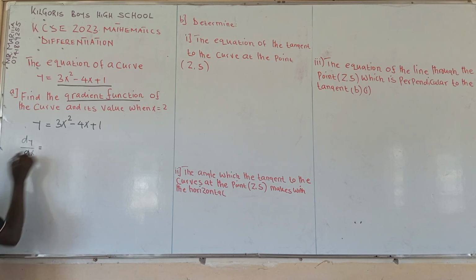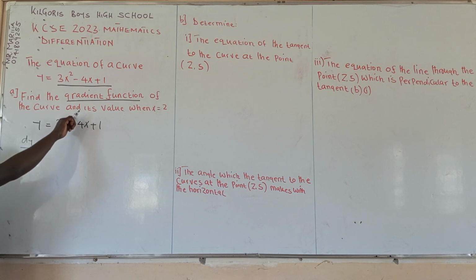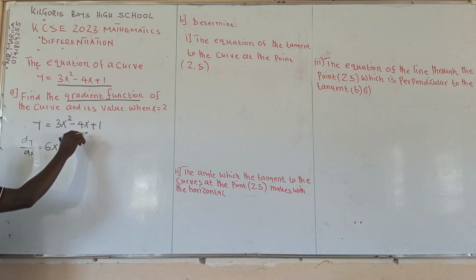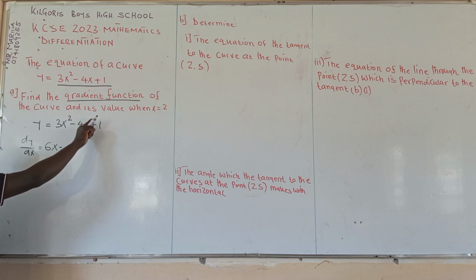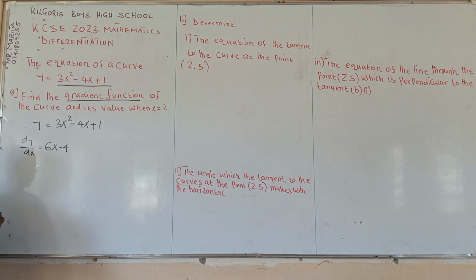You take 2 times 3, which gives us 6, and then you reduce the power by 1, so you have x raised to power 1. Then here we have x raised to power 1, so 1 times 4 gives us 4.